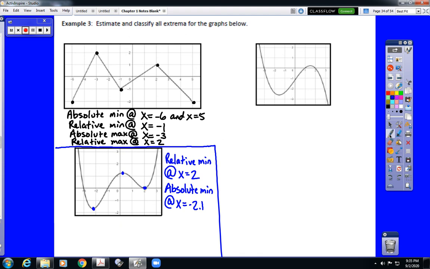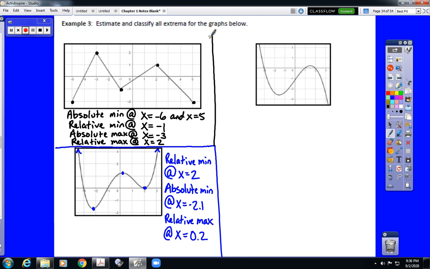I really got to stop saying these things wrong. Here at roughly 0.2. We do not have any absolute maximum because this graph goes forever on both ends, indicating that those two endpoints are both higher than our max value, which means we do not have an absolute maximum.